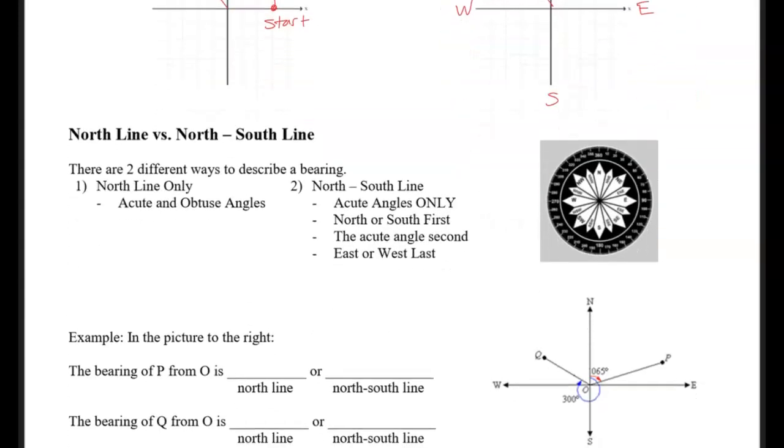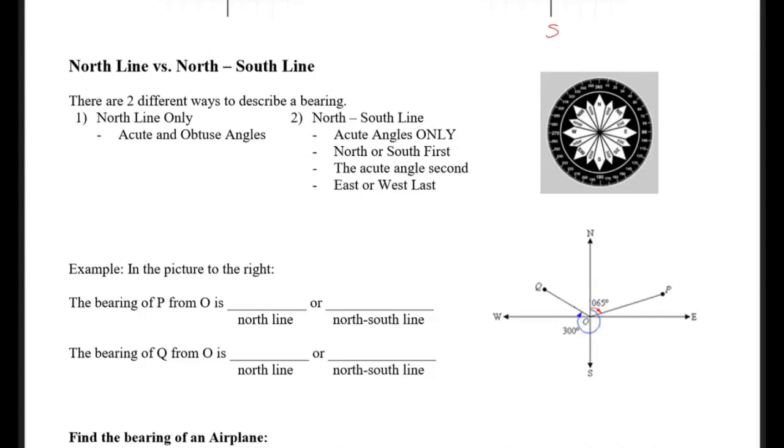All right. So like I was saying a second ago, there are two different ways to state a bearing angle. One is north line only, and this is either acute or obtuse, and it's always starting from your north line, right? This top north portion of the y-axis, the positive portion of the y-axis.